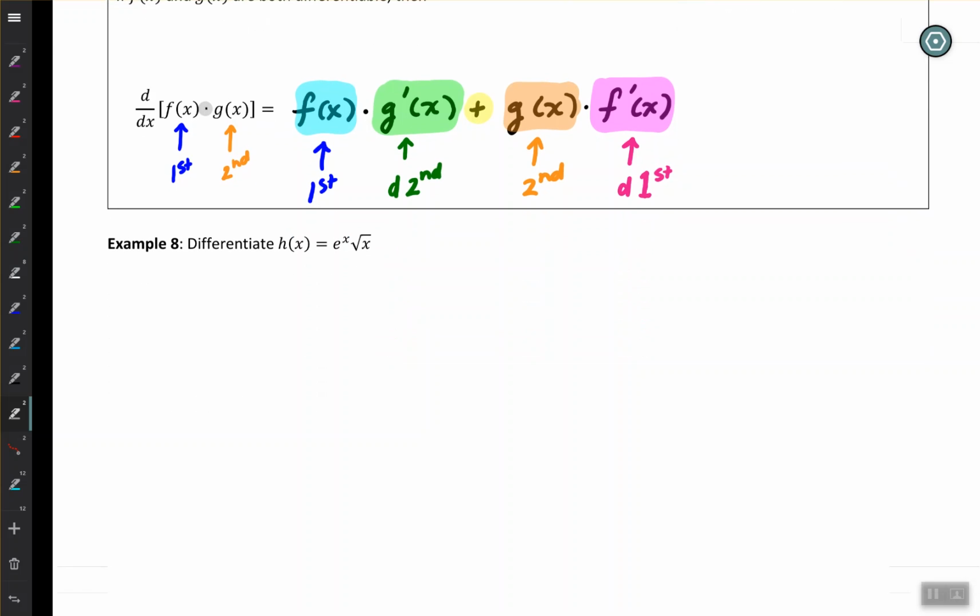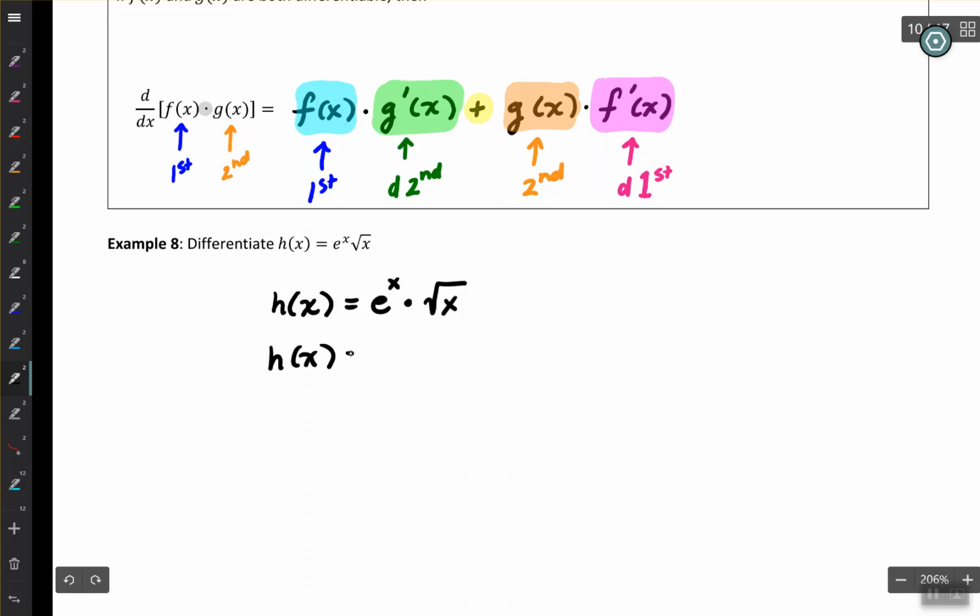Okay, so differentiate h of x is e to the x square root x. So first, I need to see that we do in fact have a product of two functions of x. We could write the square root of x as x to the 1/2 power.